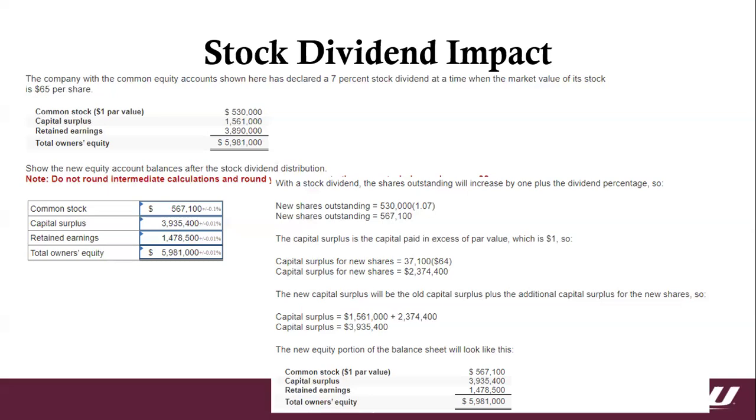You notice retained earnings has to go down by the increase in both the common stock, because the number of shares goes up and it's $1 a share, so that has to go up, and the capital surplus goes up, and all of that comes out of retained earnings because shareholder equity has to stay the same, right? Because we didn't do anything but reorganize these shares by paying this dividend out.